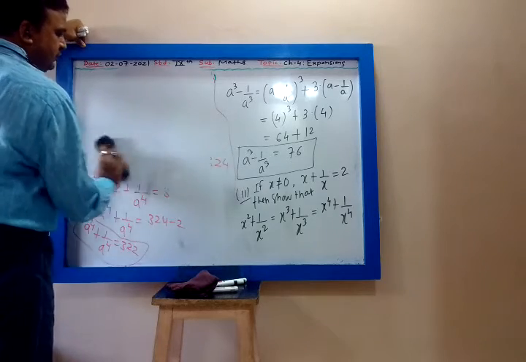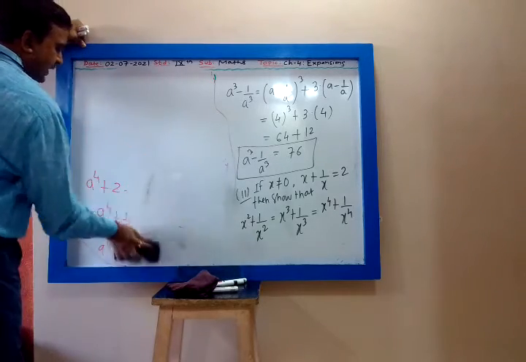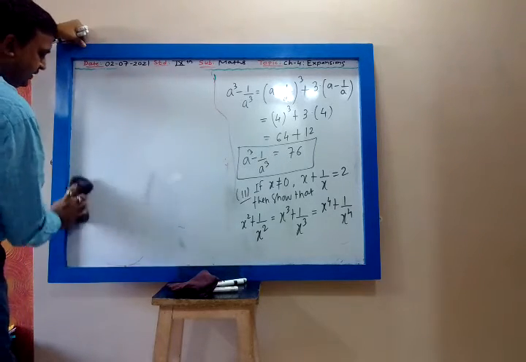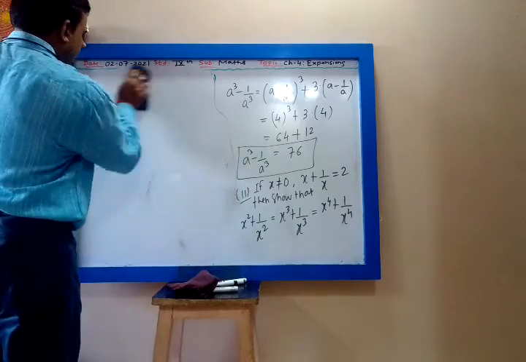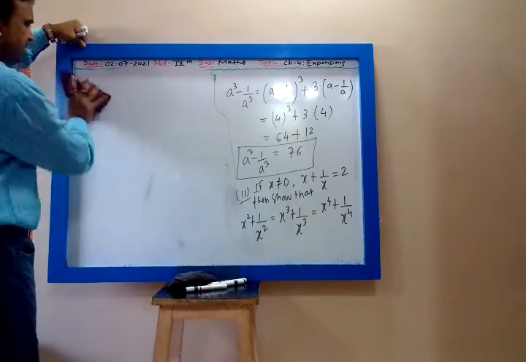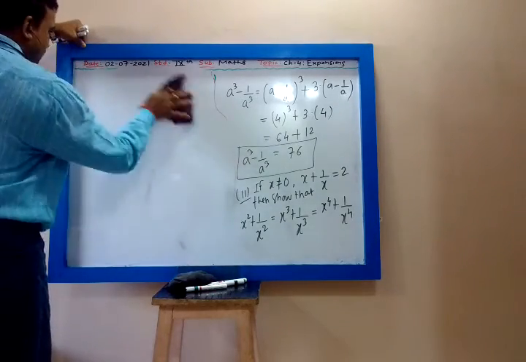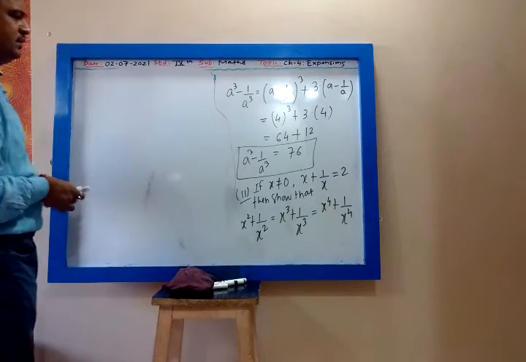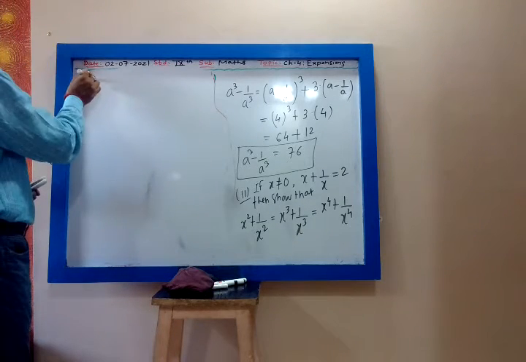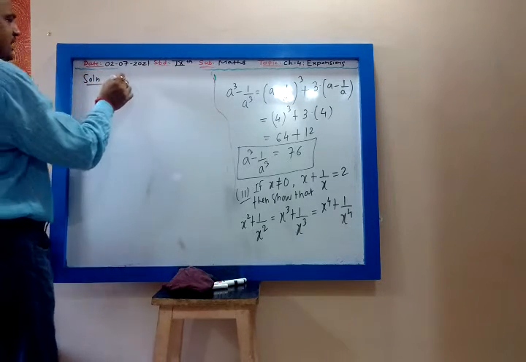So let us find, x plus 1 upon x is 2. Find the value of x square plus 1 upon x square. So use the direct formula. Always that will save the time.